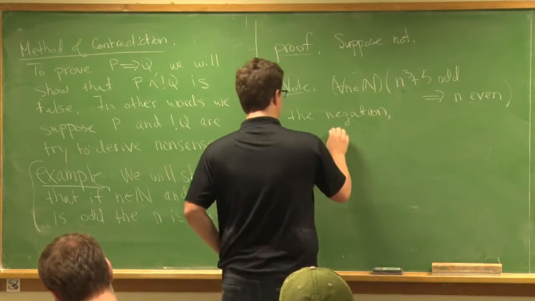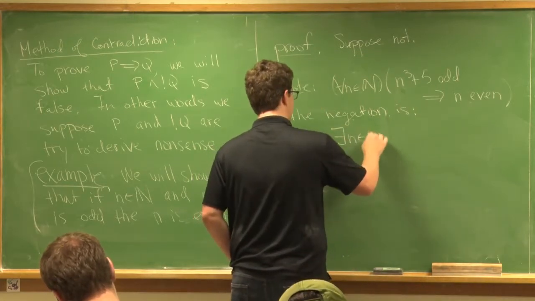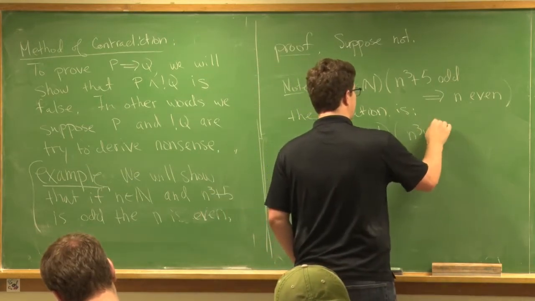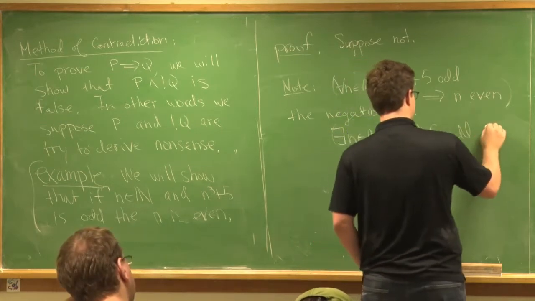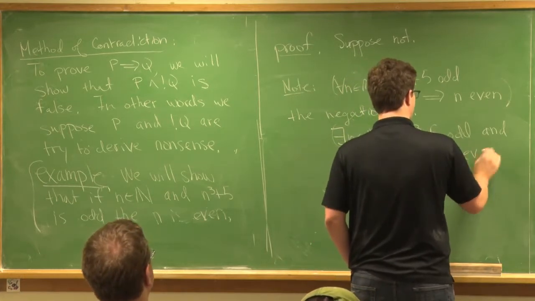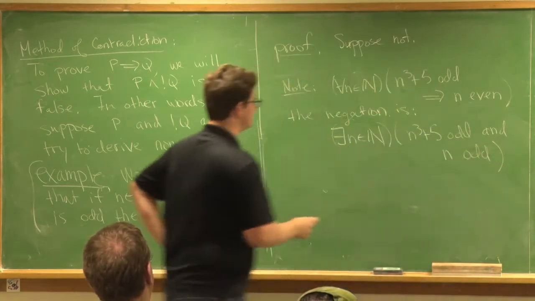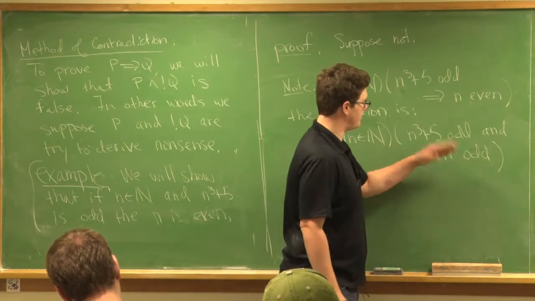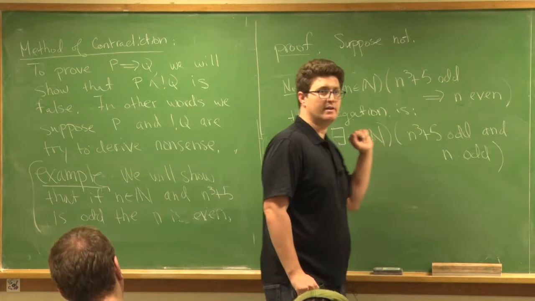So the negation is, there exists an n in the natural numbers such that P and not Q: n cubed plus 5 is odd and n is not even, so not Q, n is odd. Okay? So this is the statement not this. So we do P and not Q.